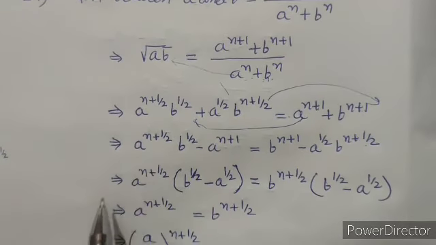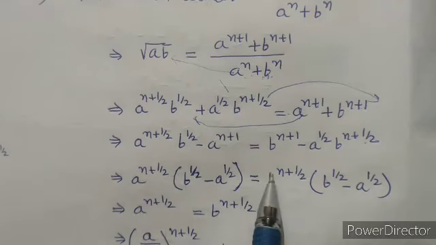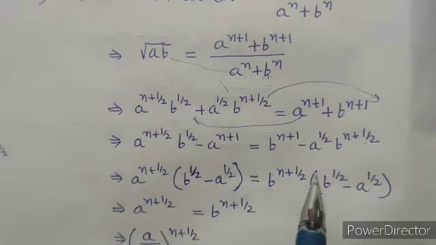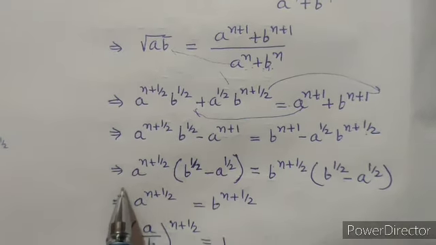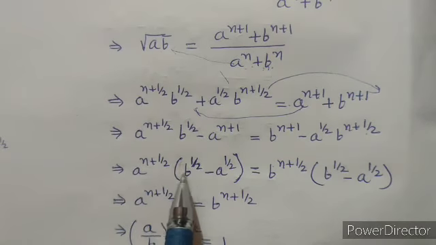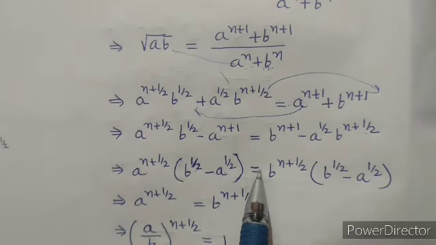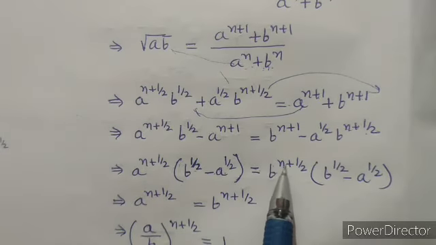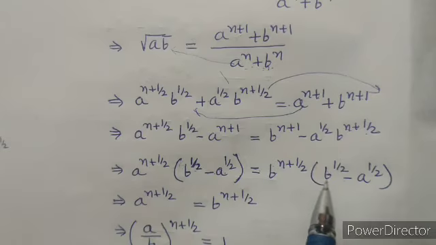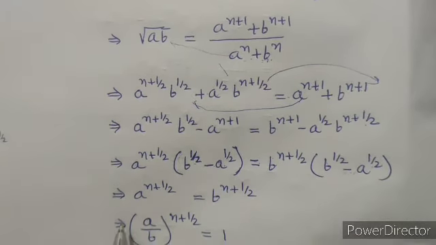Now, on taking a^(n+1/2) common from the left-hand side and b^(n+1/2) common from the right-hand side, we will get a^(n+1/2) (b^(1/2) − a^(1/2)) = b^(n+1/2) (b^(1/2) − a^(1/2)).